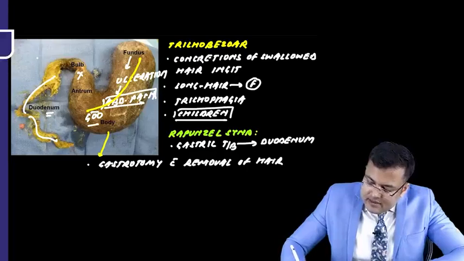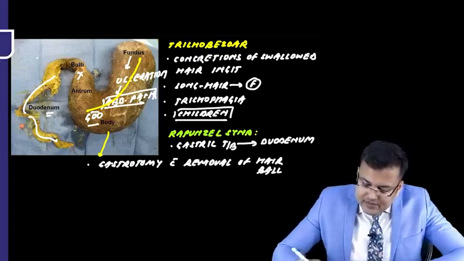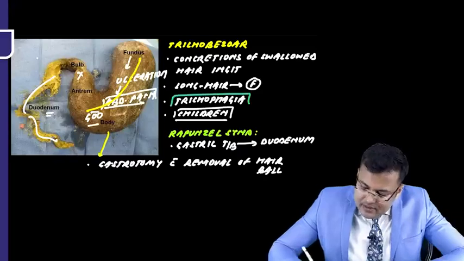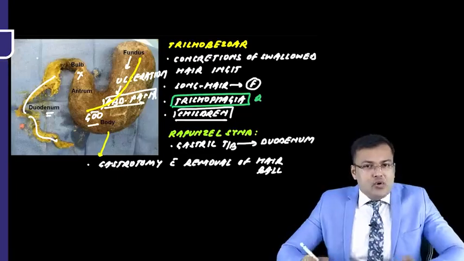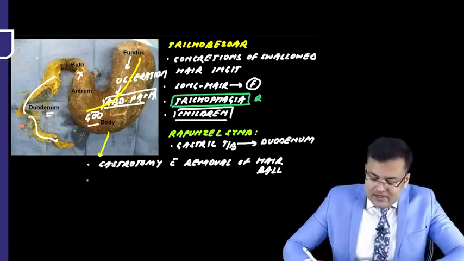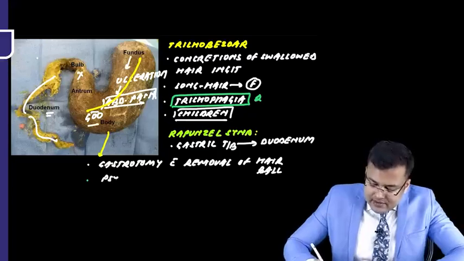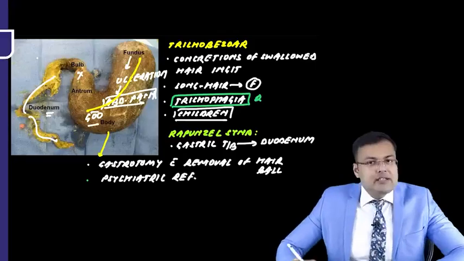We discussed that this female has what kind of habit? There is trichophagia, the habit of eating one's own hair. That's why we have to refer this patient to a psychiatrist. So after surgical treatment, psychiatric referral is required in such patients.